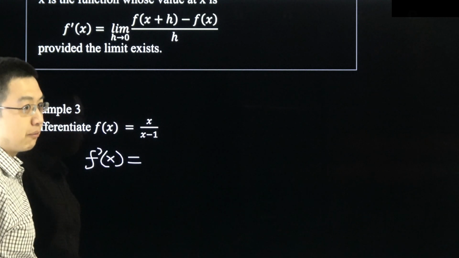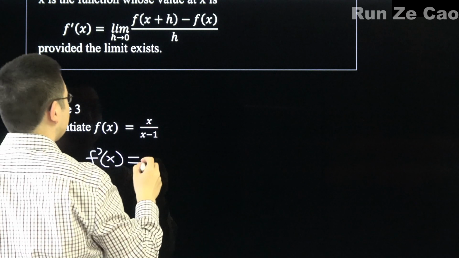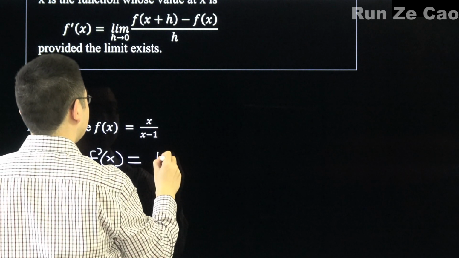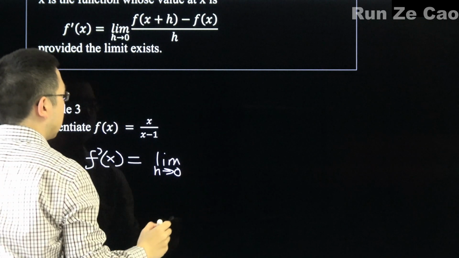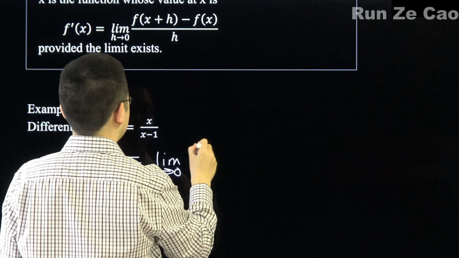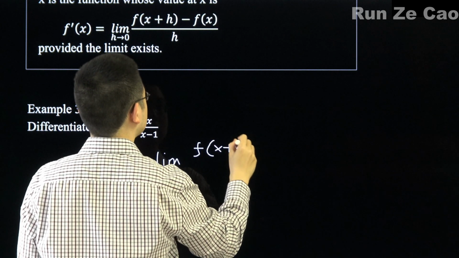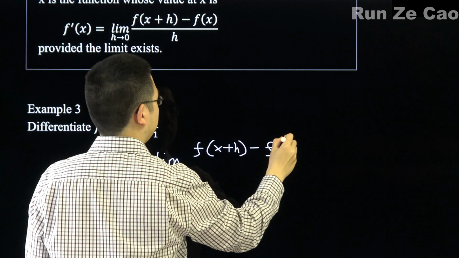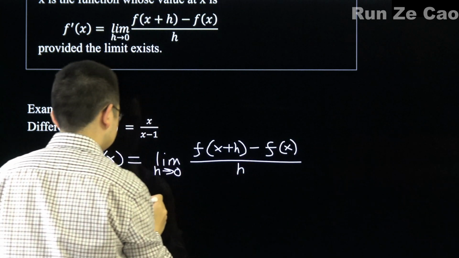Other than the fact that they had to come up with the product rule first. But we'll get to that somewhat later. Okay, so this is the limit as h approaches 0 of f of x plus h minus f of x, and this is all over h.